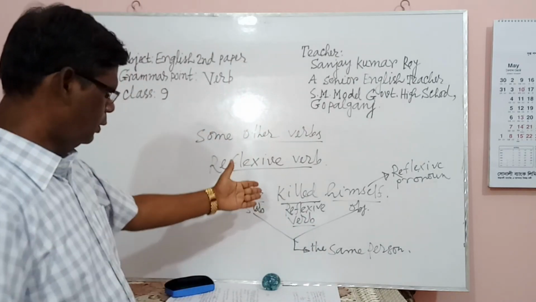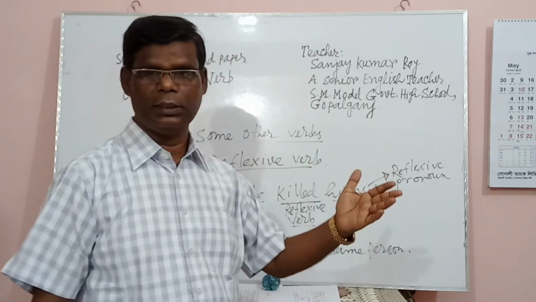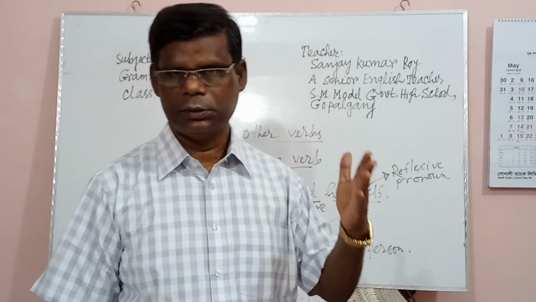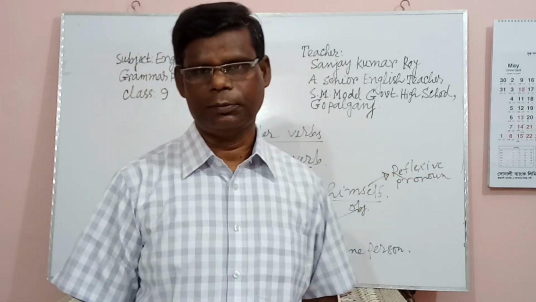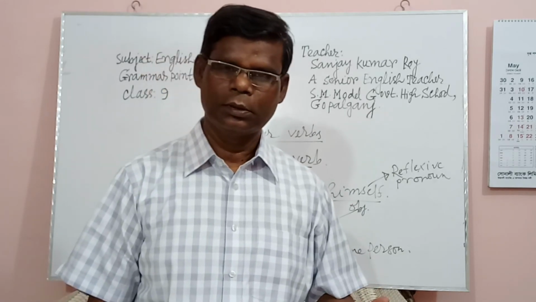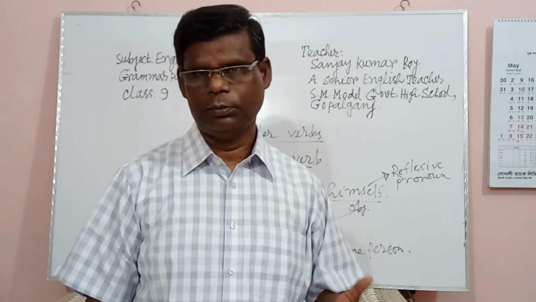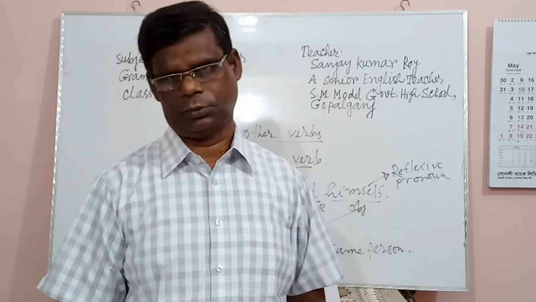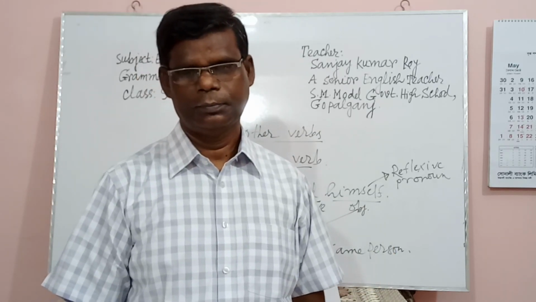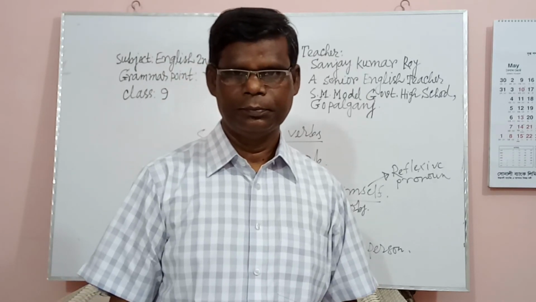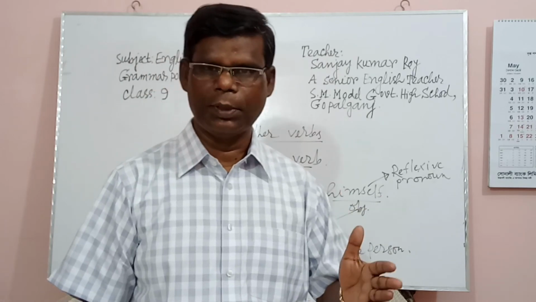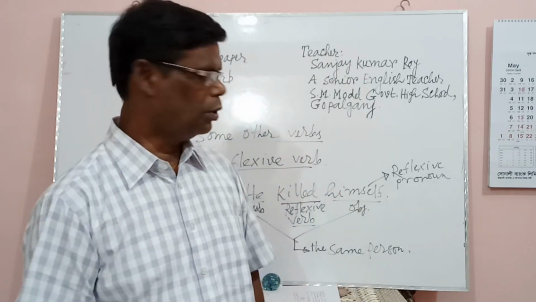From the example, now you can understand what is reflexive verb. A reflexive verb is the verb whose subject and object refer to the same person. The object of the reflexive verb is a reflexive pronoun.